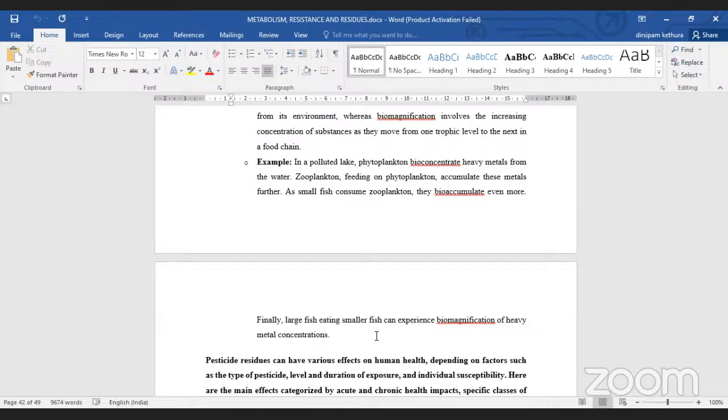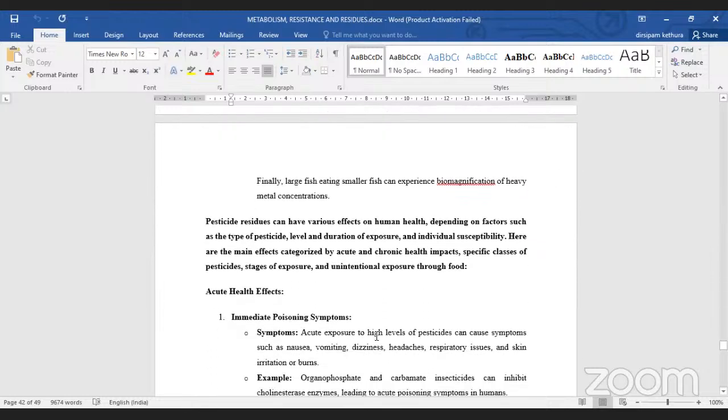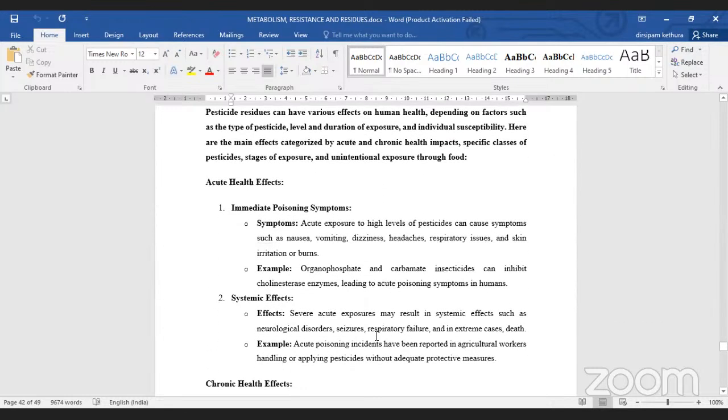And the next one is the effects of pesticide residues on human beings, environment, and non-target organisms. Here I have given a few important things under this heading.